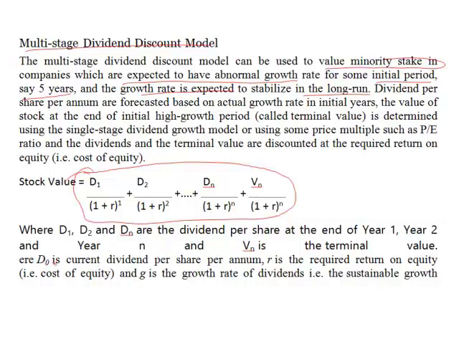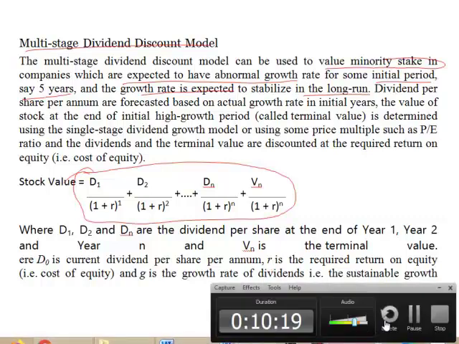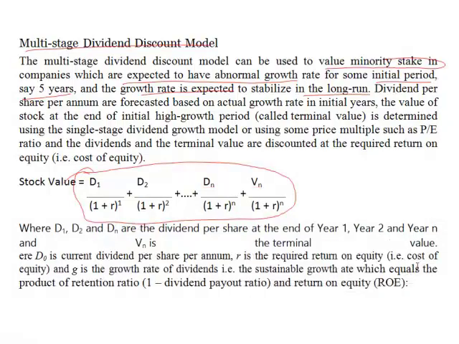Now, D0 is the current dividend per share, and r is the required rate of return on equity. G is the growth rate of the dividend, which is known as the sustainable growth rate, which is equal to the product of retention ratio and the return on equity.